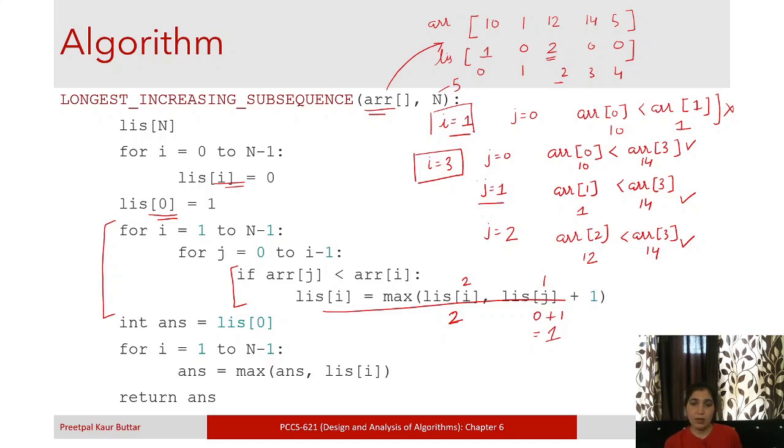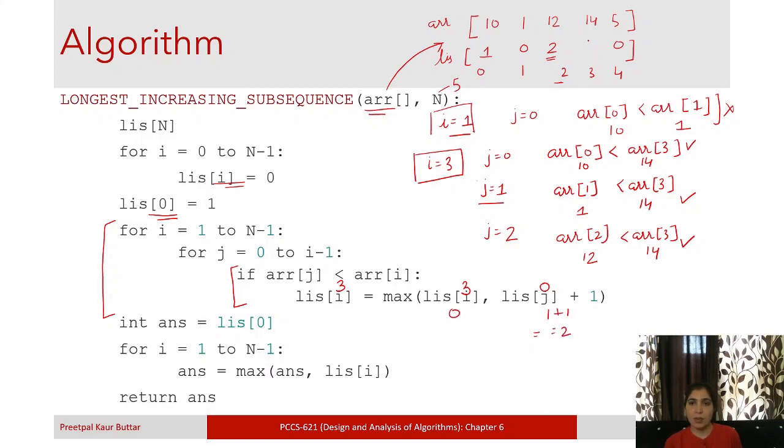Okay. So here we will update LIS3. So it will be maximum of LIS3, comma LISJ plus 1. So initially it is LIS0 plus 1. LIS3 is 0. LIS0 is 1 plus 1. It is 2. So we will change.